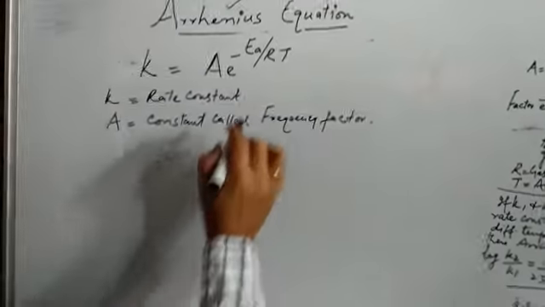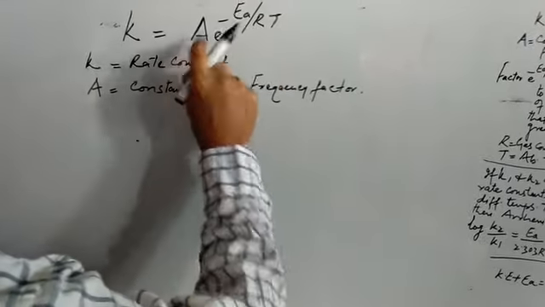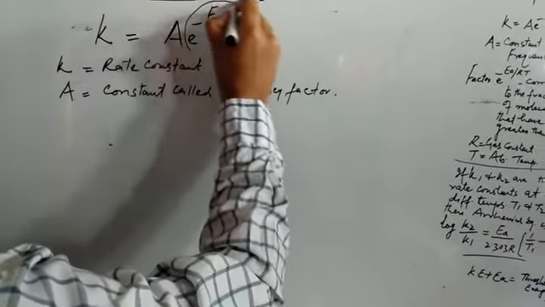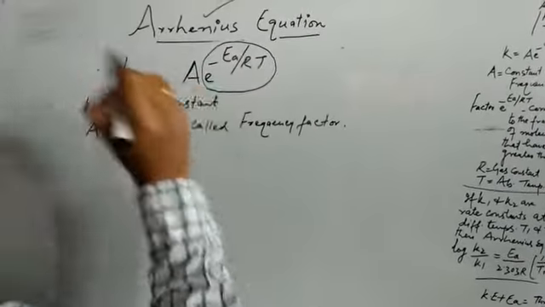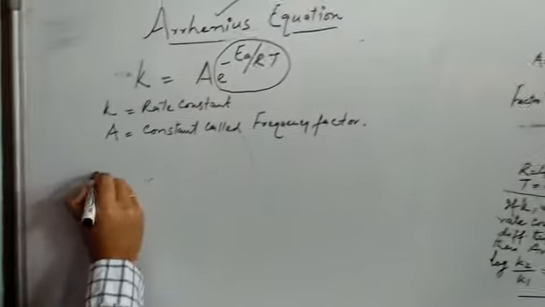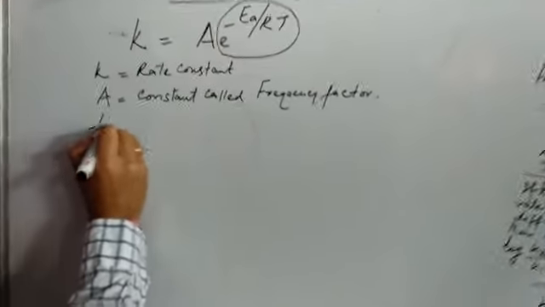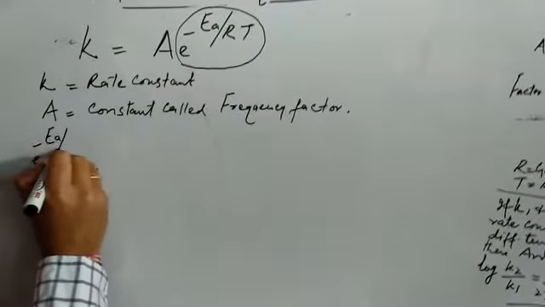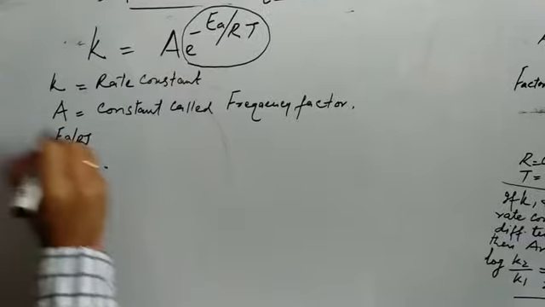Then we have another factor other than A, that is this portion, e to the power negative Ea upon RT.